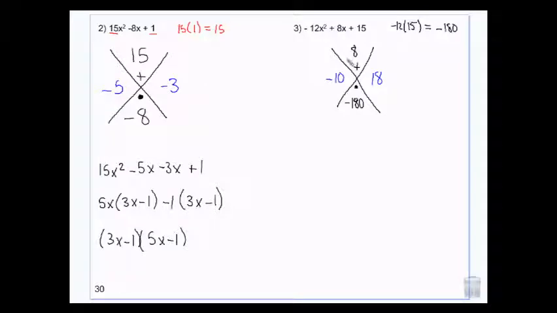Okay, so I'm going to replace 8 with -10 and +18, and you get to decide. I have -12x squared. Do you want to put the 10 or the 18 with the 12? It really doesn't matter.